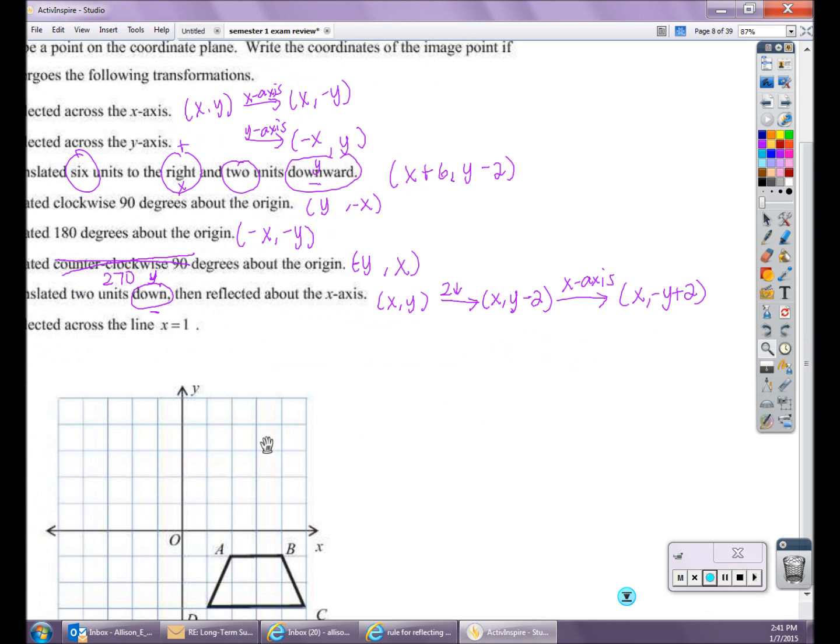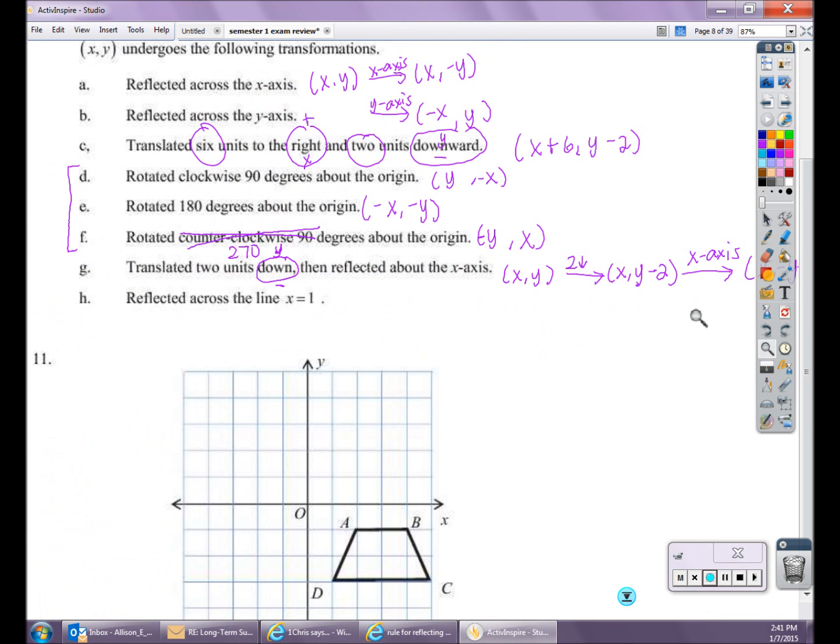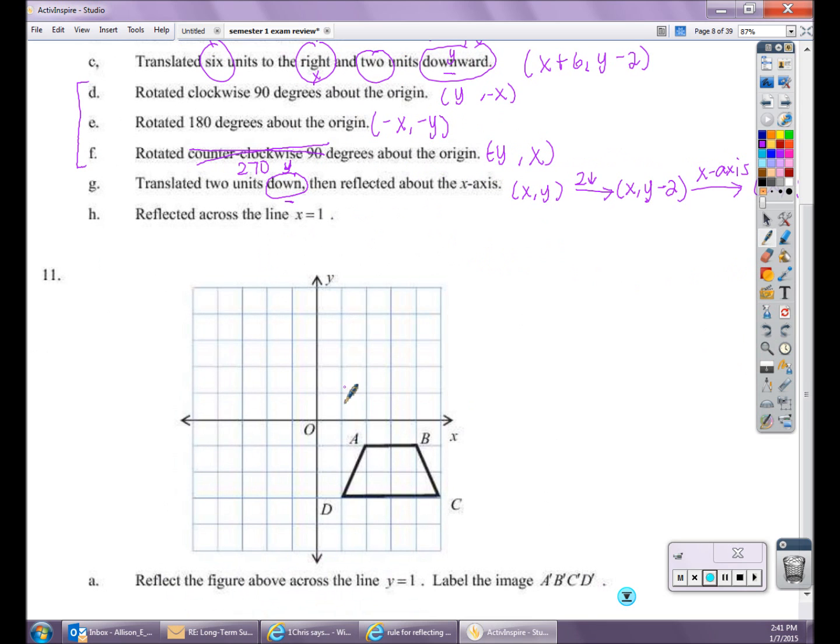All right, and finally the last one. I hate this one. Reflected across the line x equals 1. So I'm going to use this chart at number 11 to help me with this. Here's x equals 1. It's sort of like the y-axis, but just over 1. And I always pick the numbers negative 1, 3.